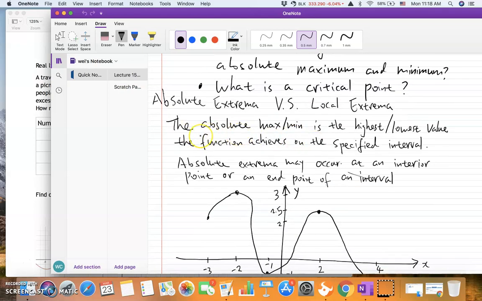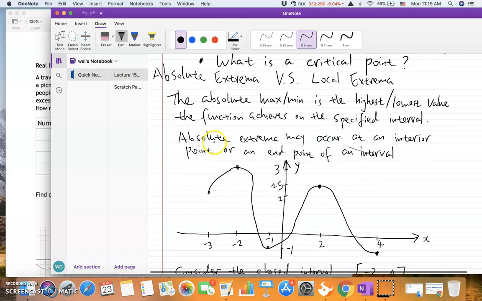So here is the definition. The absolute maximum or minimum is the highest or lowest value the function can achieve on the specified interval. And the absolute extrema may occur at an interior point or at an endpoint of an interval.